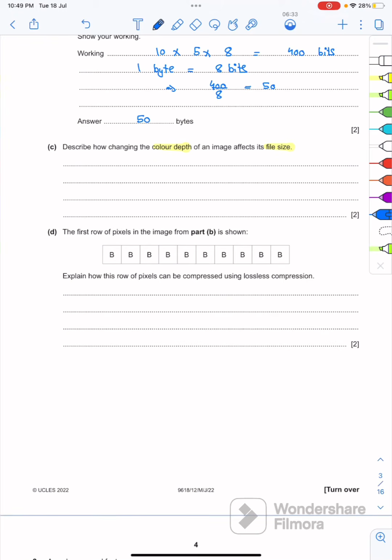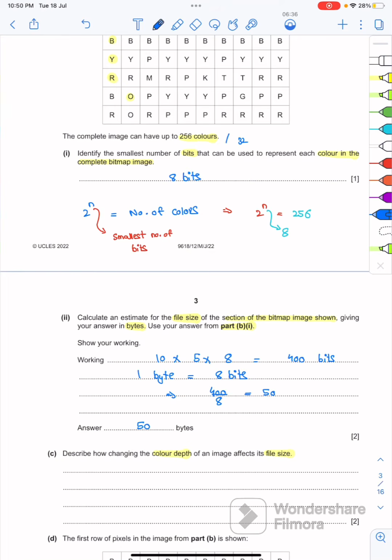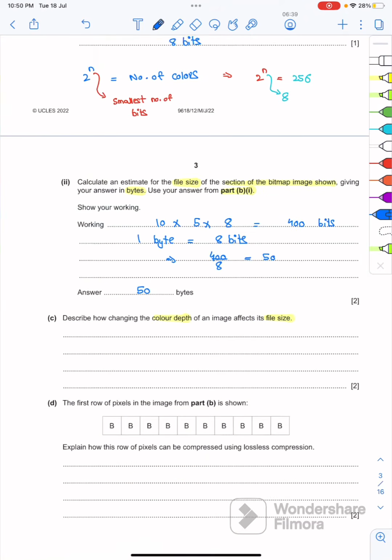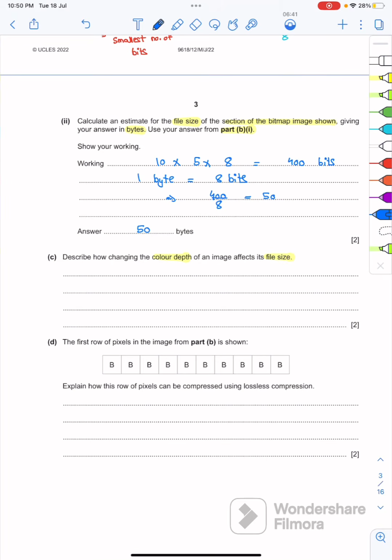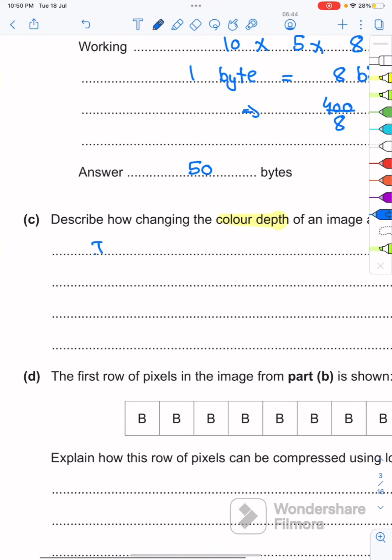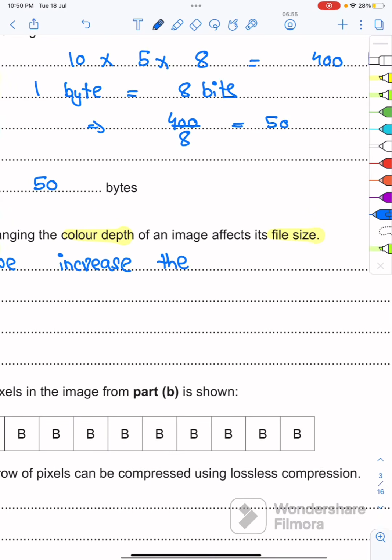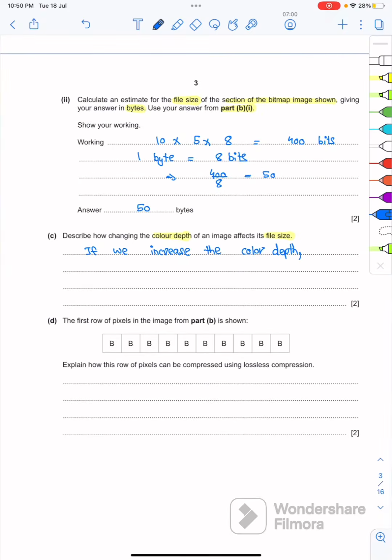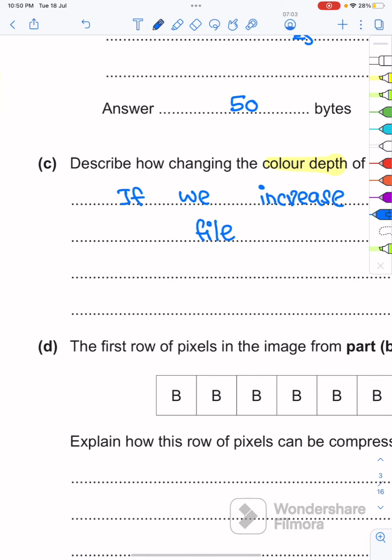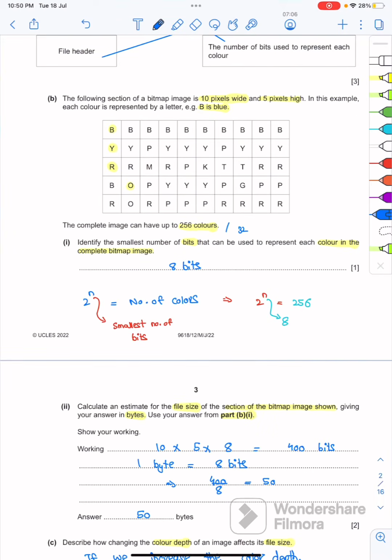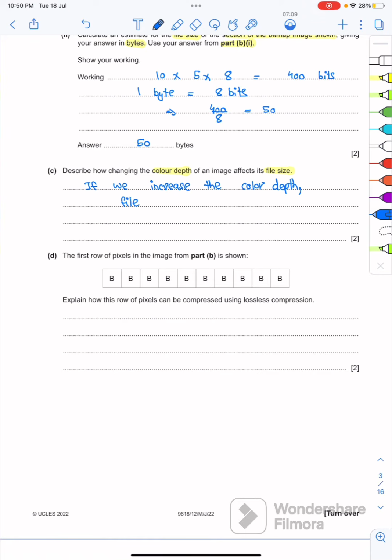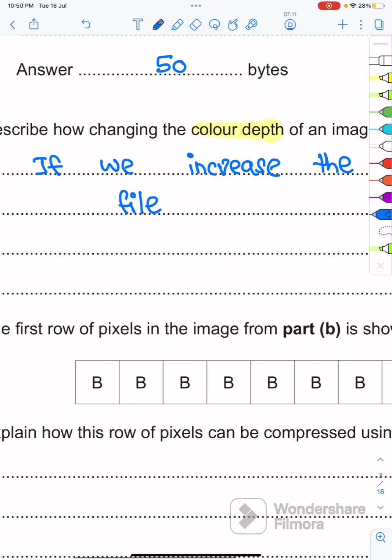So whether you're increasing the color depth, for example, if you're increasing the color depth, if we increase the color depth, file size will increase, obviously, because more bits will be used to represent each color, and since more bits are being used to represent, the file size will generally be larger. File size will increase.